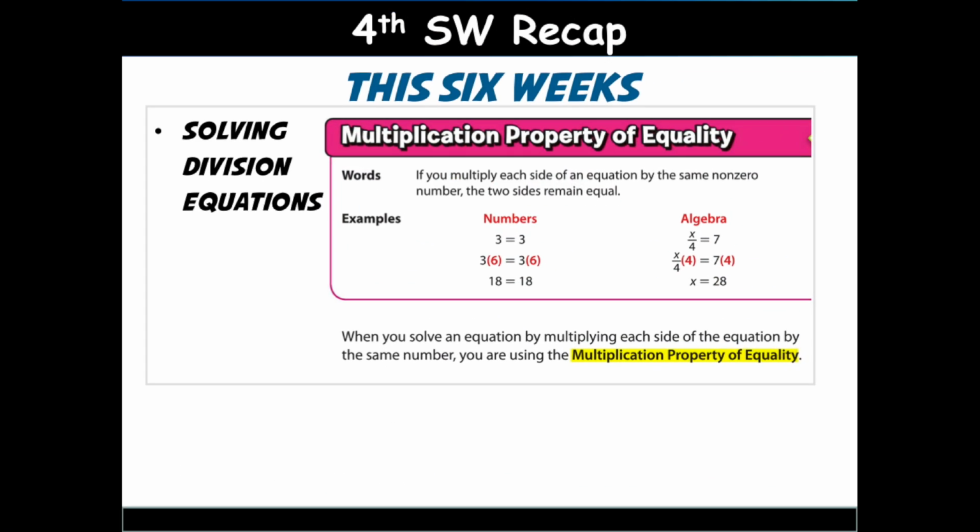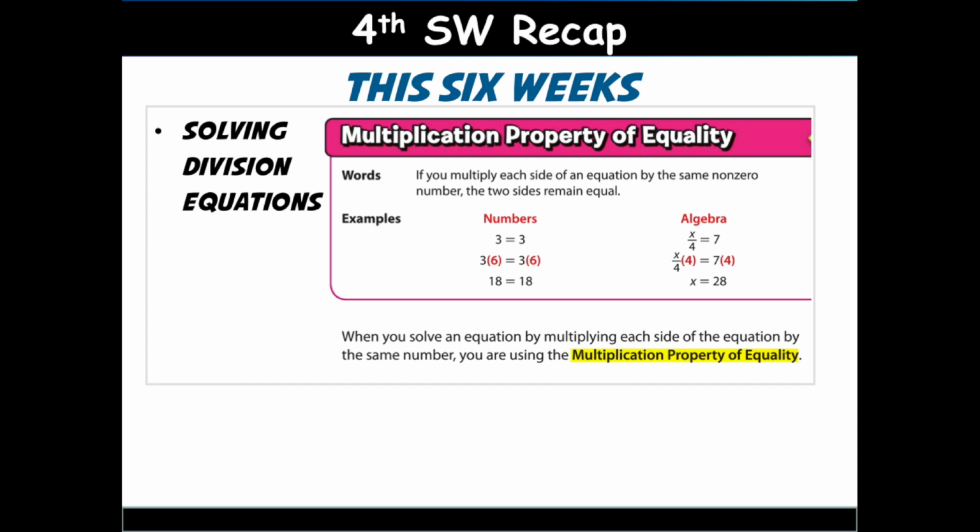Now, with division equations, it's going to look like a fraction, but remember, that represents division. So what you would do here is you would do the opposite, just like we've done in the other 3. You would multiply in that algebra section 7 times 4, and you get 28.